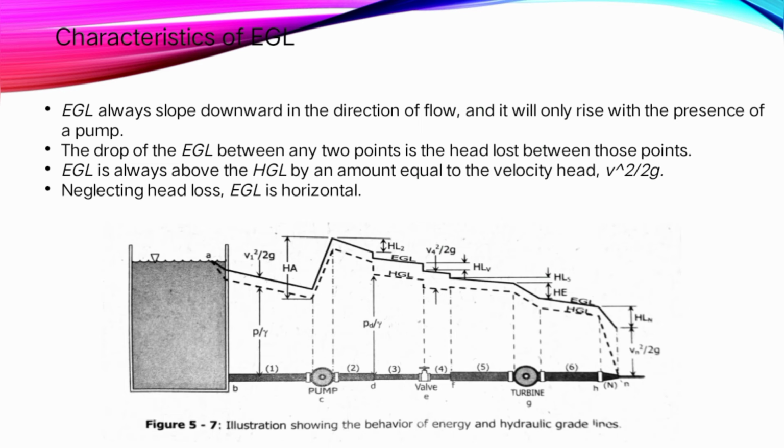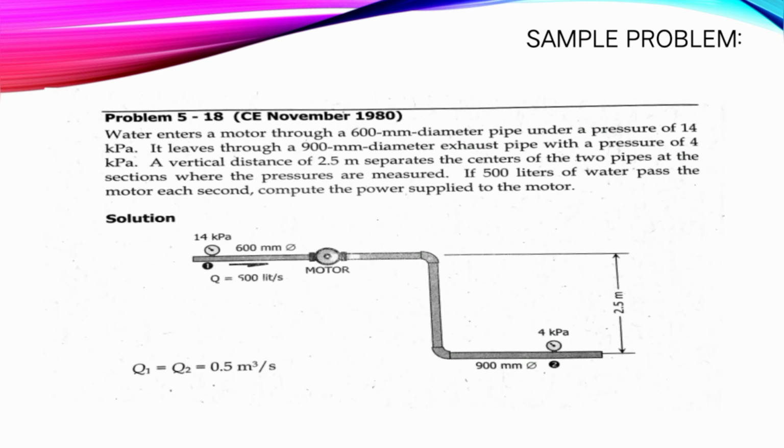EGL is always above the HGL by an amount equal to the velocity head, which is v squared divided by 2 times the gravity. And neglecting head loss, EGL is horizontal.